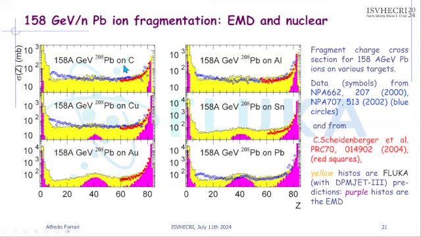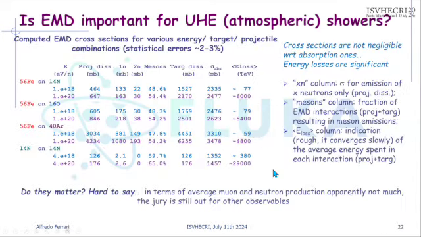Of course, when you have lead on carbon, electromagnetic dissociation is relatively minor, because in this case we are looking at the lead dissociation, and of course lead dissociation goes with the Z squared of the other nucleus. So this is very big on lead-lead, where you can see how much electromagnetic dissociation matters.